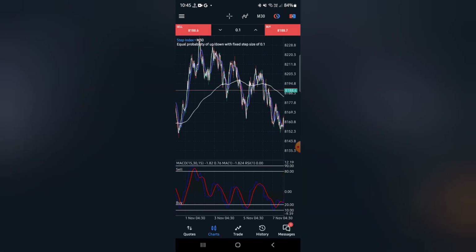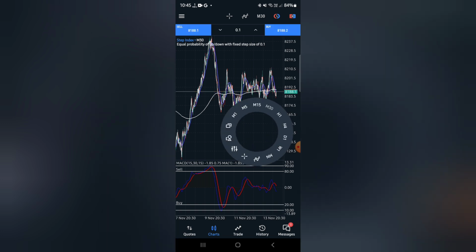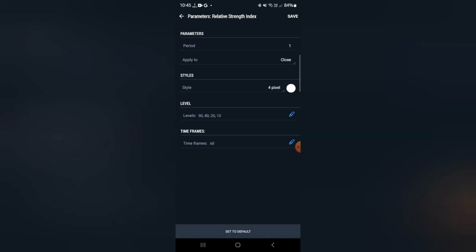And now your chart is going to be looking exactly like mine if you have the right settings. So this is exactly what we want to see on our charts. Yes, let me see if everything is correct. I'm going through it one last time.